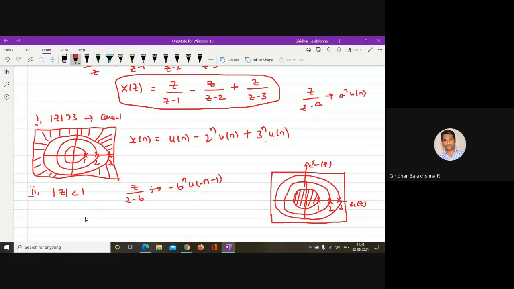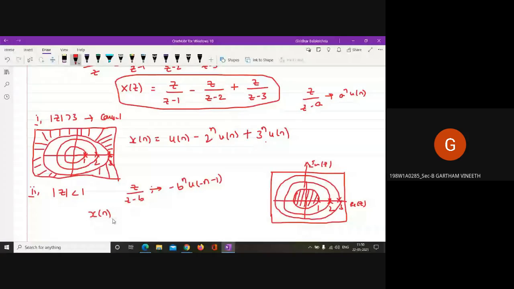Okay. So for x of z, its inverse z transform is x of n equal to, now, it is in the form of z by z minus b. As it is anti-causal, what is its formula?